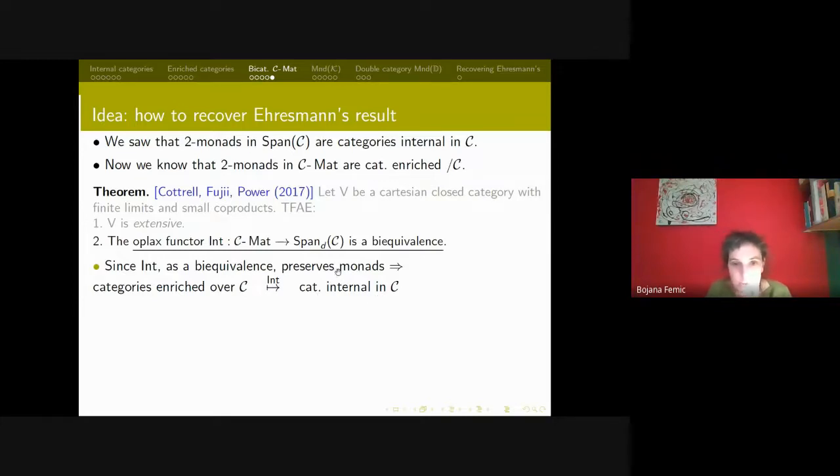I just forgot to put this discrete here in the column. Okay, so we have that on the level of categories, enriched categories are mapped into internal categories.